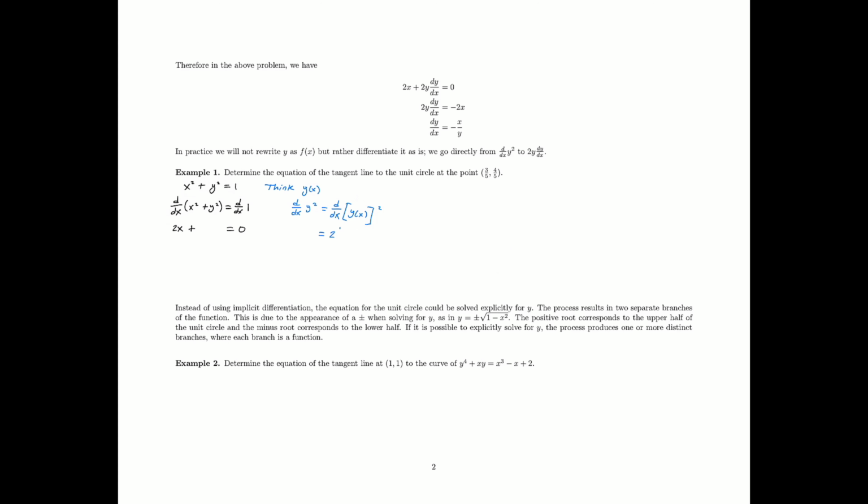Chain rule: derivative of the outside, leave the inside alone, multiply by the derivative of the inside. That's effectively what we're going to do here. But using the y of x notation, with the parentheses, makes it clunky and cumbersome, so nobody really uses it when doing implicit differentiation. We would just keep it as a y.